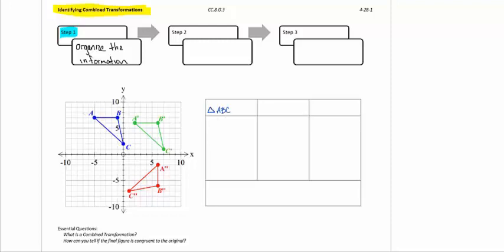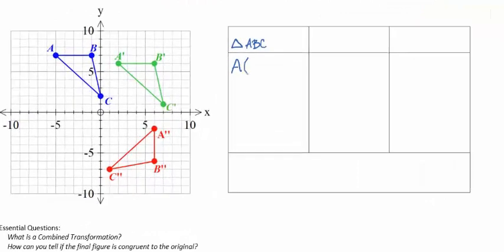Again, I know it's the original because there's no prime notation. And all I'm going to do first is list the coordinates. So to organize my information here, A is -5, 7. B is -1, 7. And C is 0, 2.